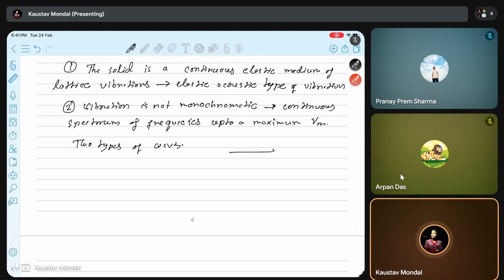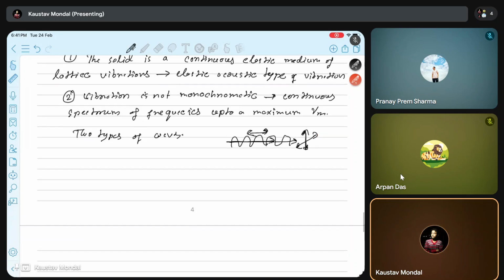Basically waves move like this, acoustic waves. One is stretched along the longitudinal direction, which gives a single mode, and another is perpendicular to the direction of the longitudinal. These are known as the transverse waves. There are two modes of the transverse wave and one mode of the longitudinal.